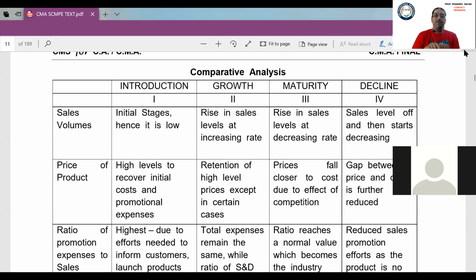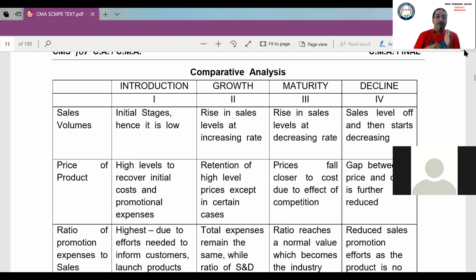Because at the same time, more and more suppliers enter the market. There is competition in the market, and as a result, since more suppliers are there, I have to reduce my price. So in the introduction stage, it is very high.